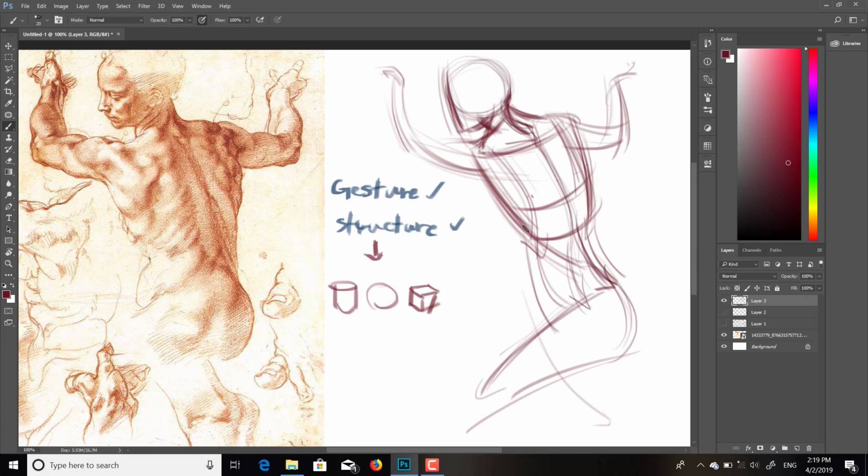It goes down towards the leg, towards the back of the hip.